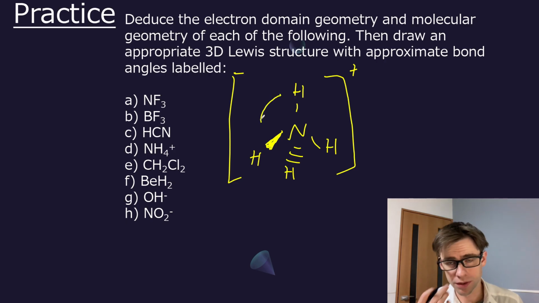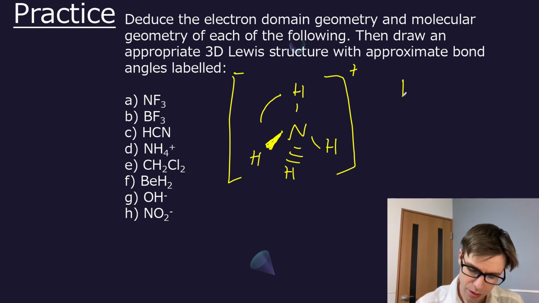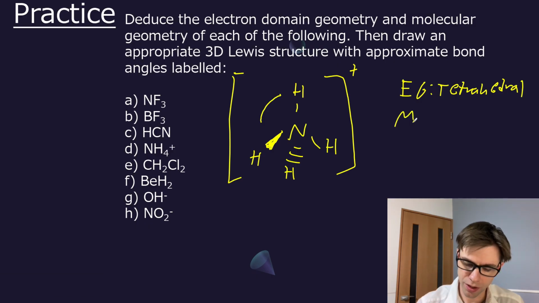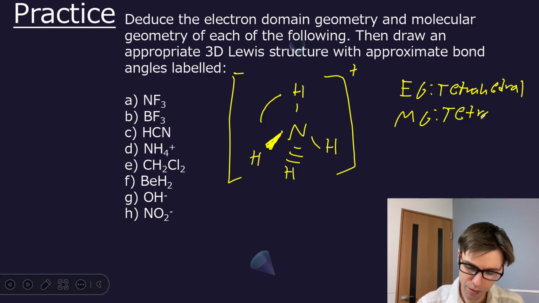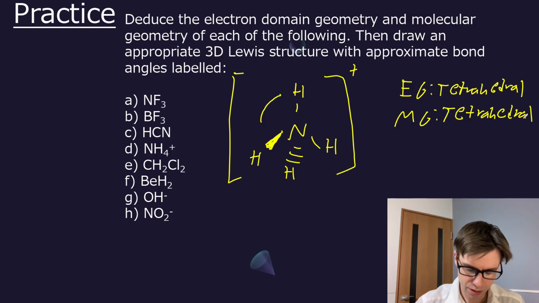When there was a lone pair, this was trigonal pyramidal. But now that lone pair is gone, and everything is equal and symmetrical again. So this molecular geometry has actually gone back to tetrahedral. So we're just going to have the one bond angle. Well, all four are the same. This angle of 109.5, the standard tetrahedral.